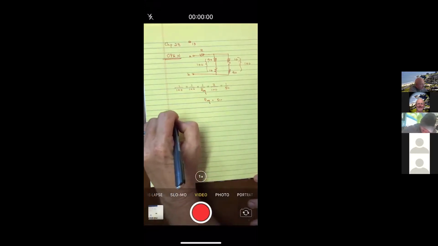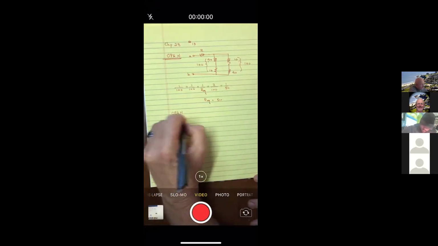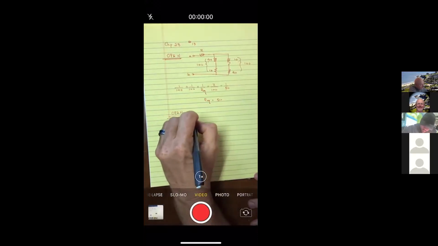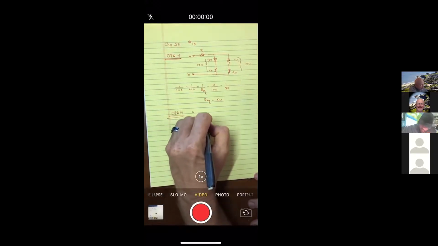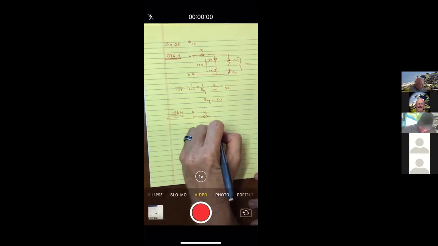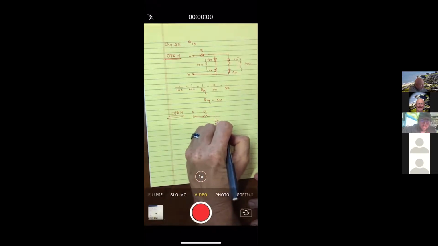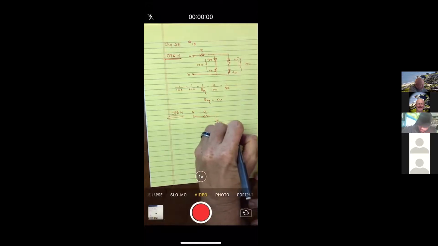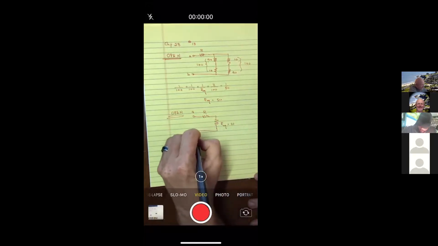So in the open position, you have an R with a 50.